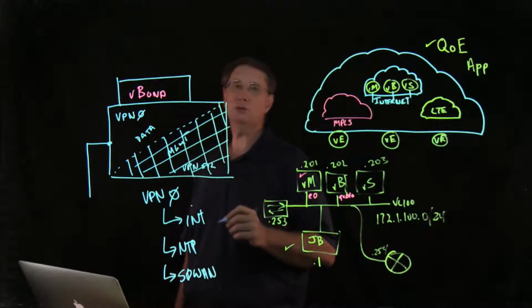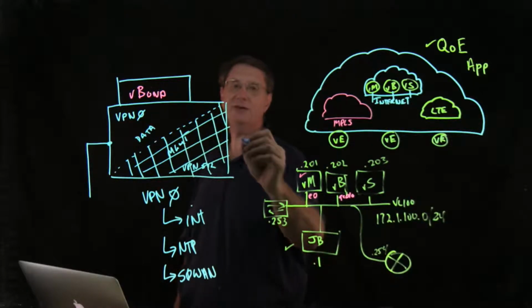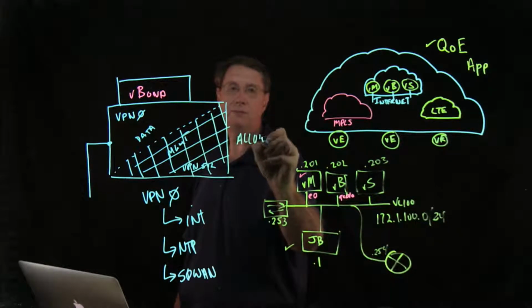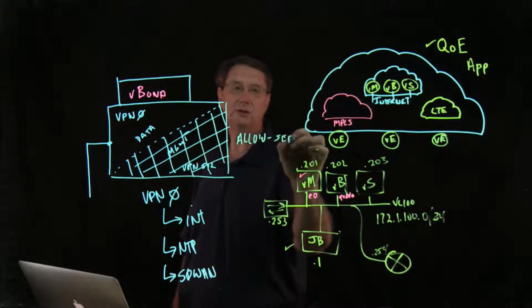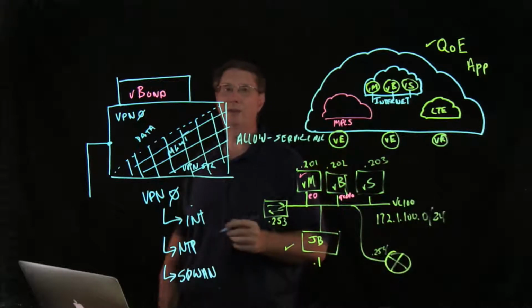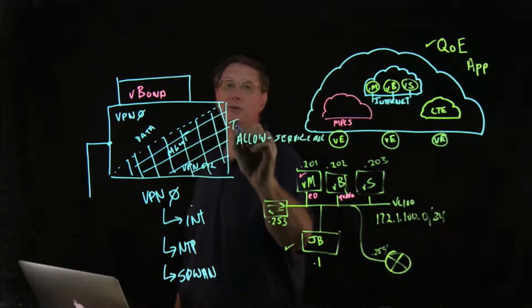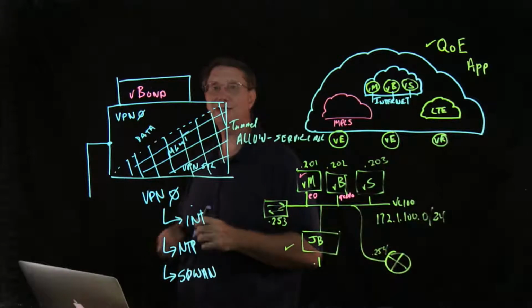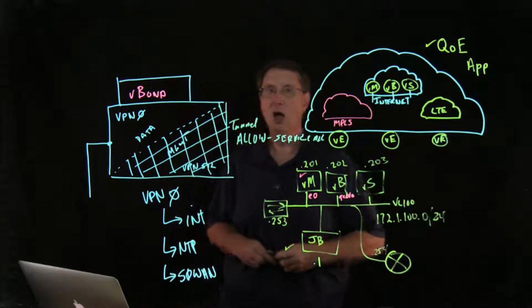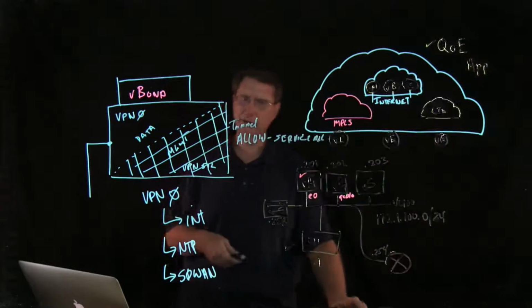So one of the things we're going to need to do is go in here, and I'm going to say allow services all to enable it. But it's going to be done under my tunnel configuration, and that's actually going to be a sub-configuration under the interface. Let's go ahead and take a look at that.